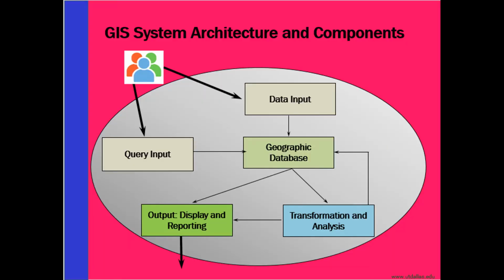And here is the GIS system architecture and components. Users can input the data and also the query input to the GIS to produce a geographic database. And then the geographic database can produce the output, which are display and reporting.